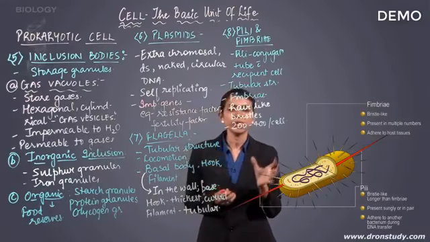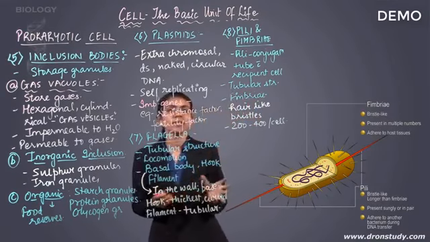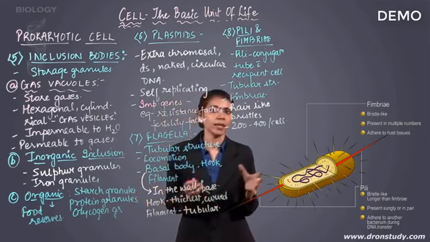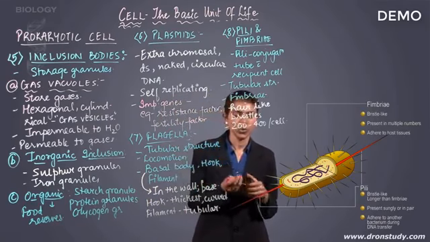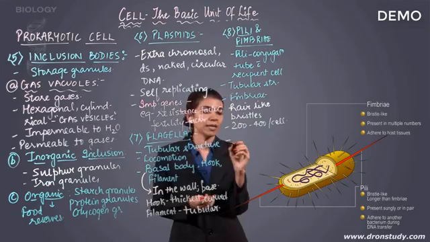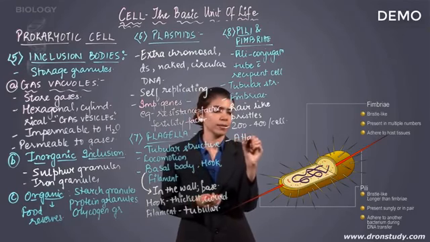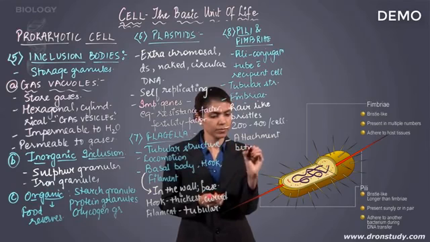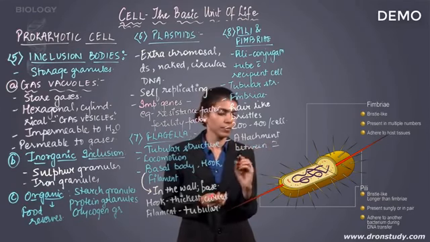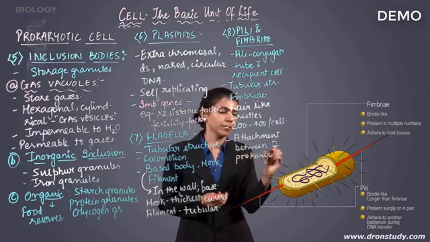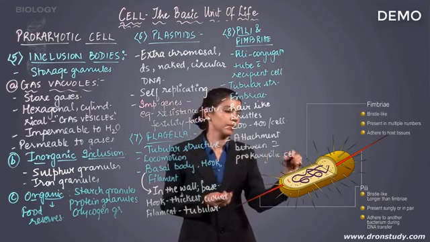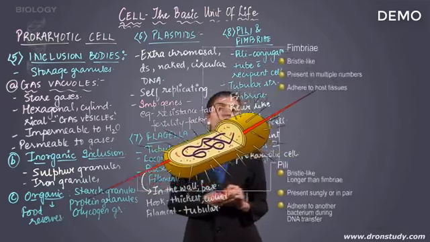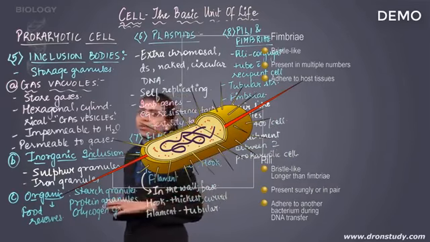It is these fimbriae which help the bacterial cell to attach to the other cell, so it brings about attachment between two bacterial cells, or two prokaryotic cells. So that was about the structure of a prokaryotic cell.